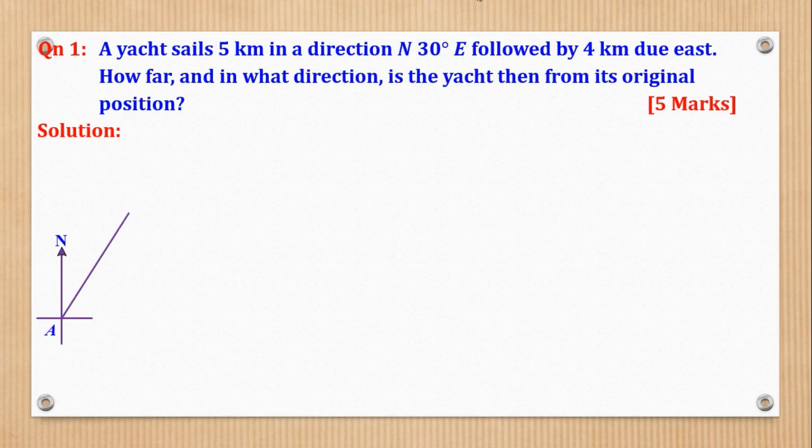The yacht goes 5 kilometers in the direction north 30 degrees east, up to this point, followed by 4 kilometers due east.